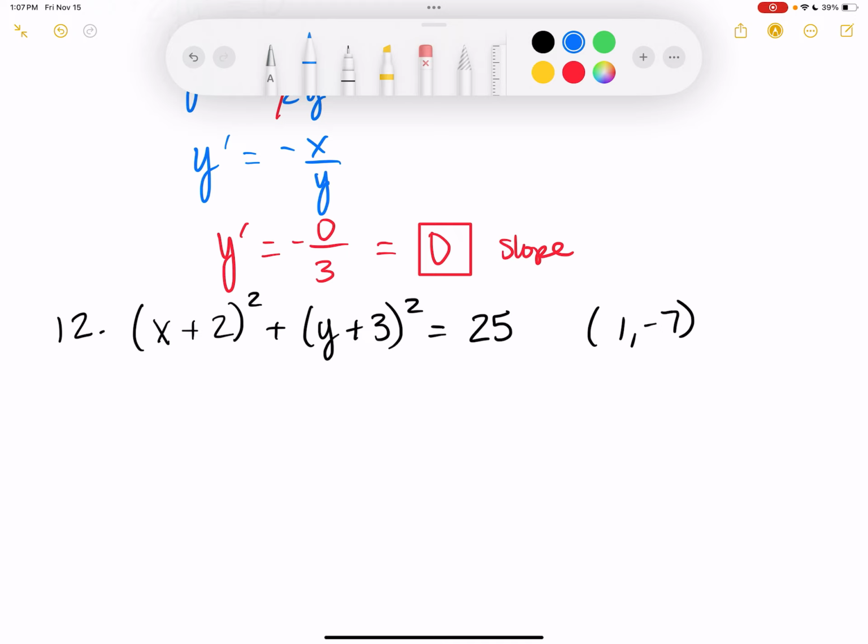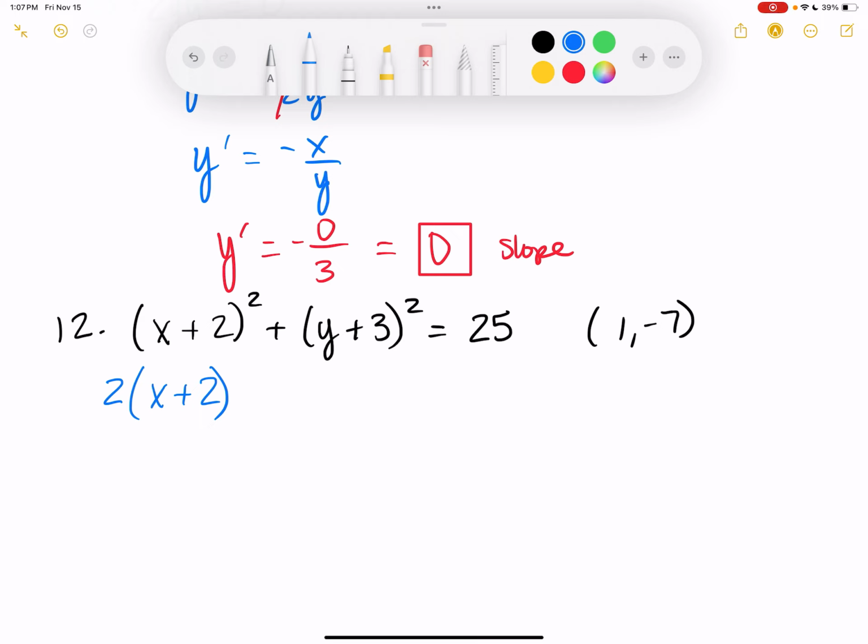All right, we've got to take the derivative. Chain rules. So, what's the derivative of this first one? 2 times (x plus 2).